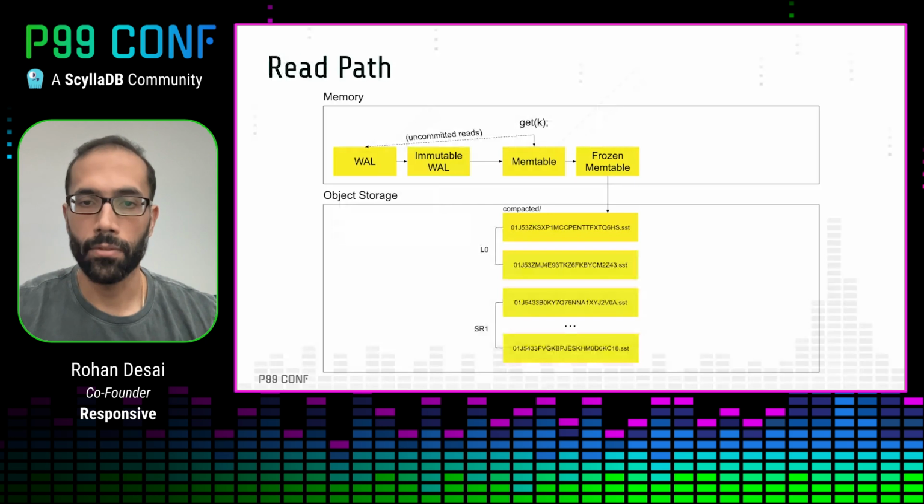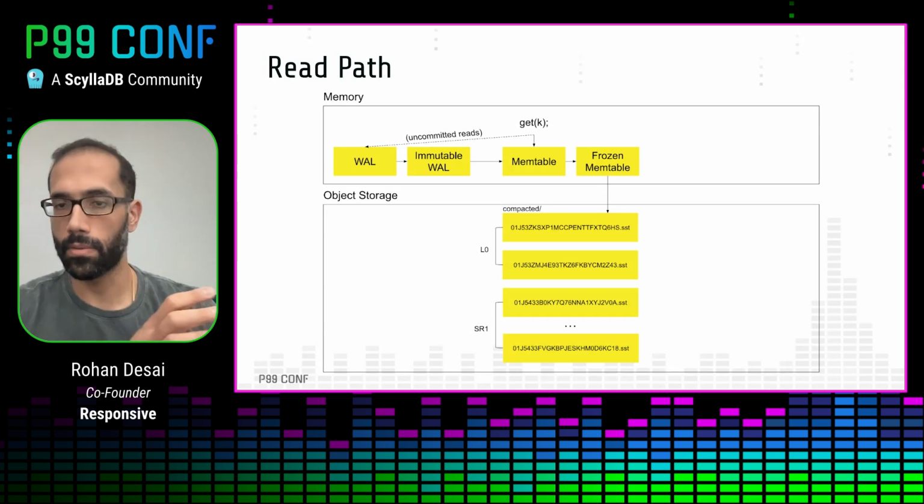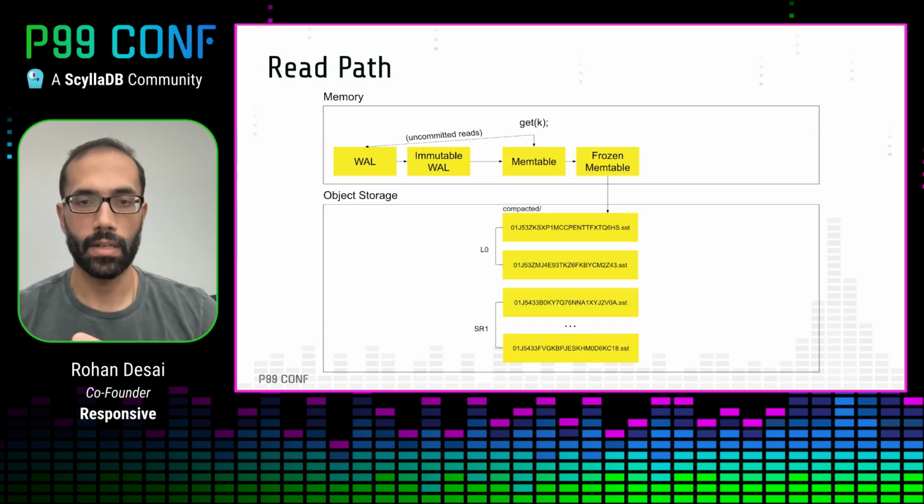All right, now we come to reads. Today, SlateDB only supports point reads, so we're working on range scans. The way that point reads work is they just look through all those data sources that I described, in order. Starting with the WAL, then the immutable WALs, then the memtable and the frozen memtables, and then all those sorted runs under compacted.